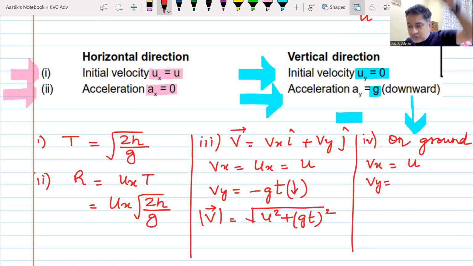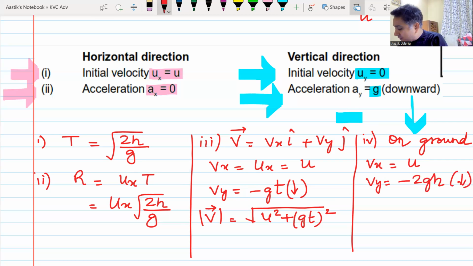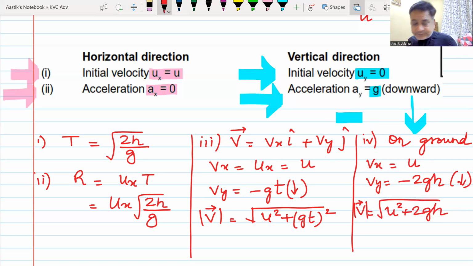What is the velocity of free fall when it falls through height h? It will be minus root 2gh, the minus sign indicating that it is going downward. So I can find out the magnitude of the velocity on the ground: it will be equal to under root of u square plus 2gh.